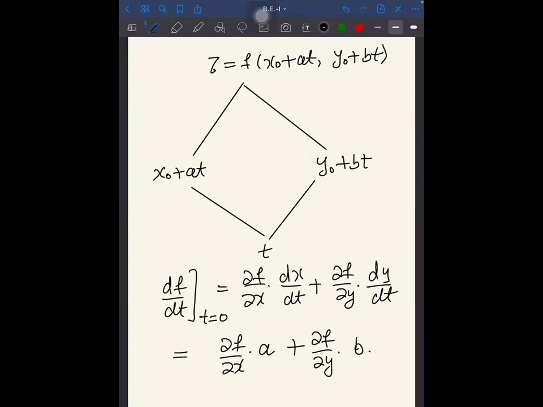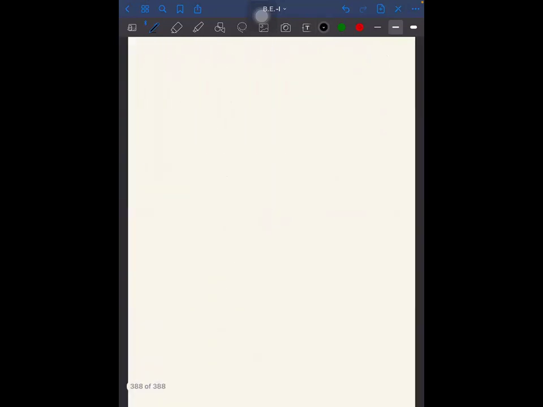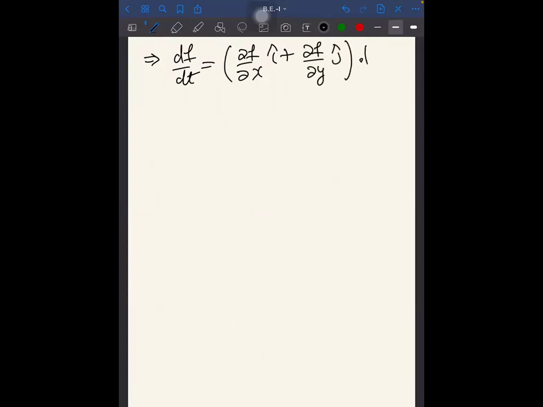Now, can I write in this way that your df by dt is equal to curly f upon curly x i plus curly f upon curly y j, dot product with ai plus bj? Can I write it this way?